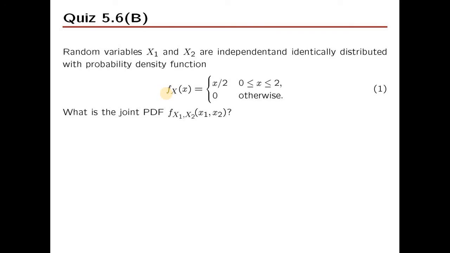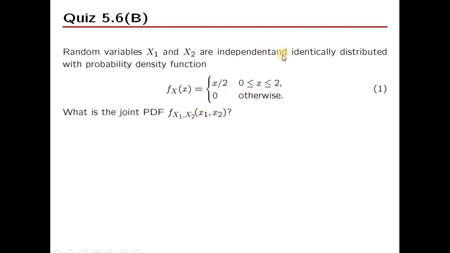So what is the joint PDF? It is very simple, because if we put X1 here, this becomes the X1 marginal PDF, and similarly we put X2, it becomes the X2 marginal PDF. Because they are independent, we have to multiply these two. When we multiply, we get the joint PDF.